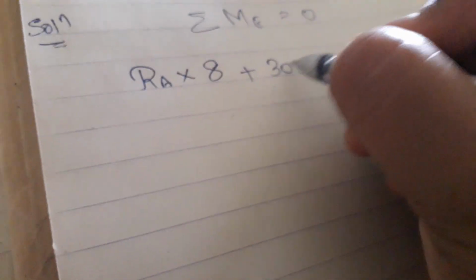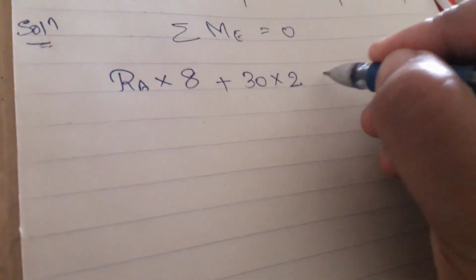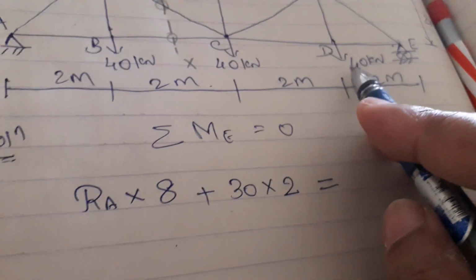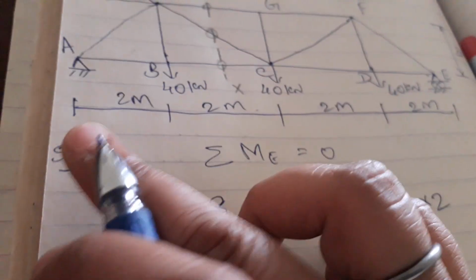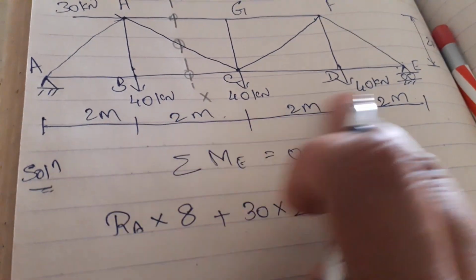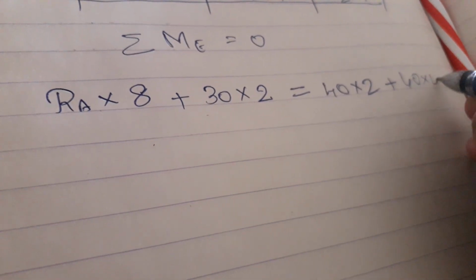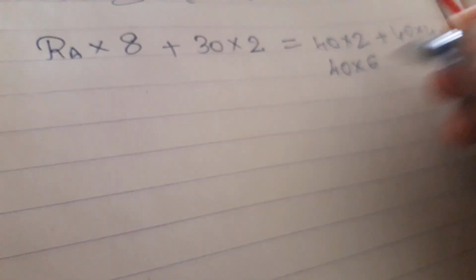Plus 30 into 2. And then we will have a vertical downward force, which is this 40 into 2. RA and 30 gives the clockwise direction. These 40 kilonewtons, they are giving the anti-clockwise direction. Okay. So again 40 into 4 plus 40 into 6.